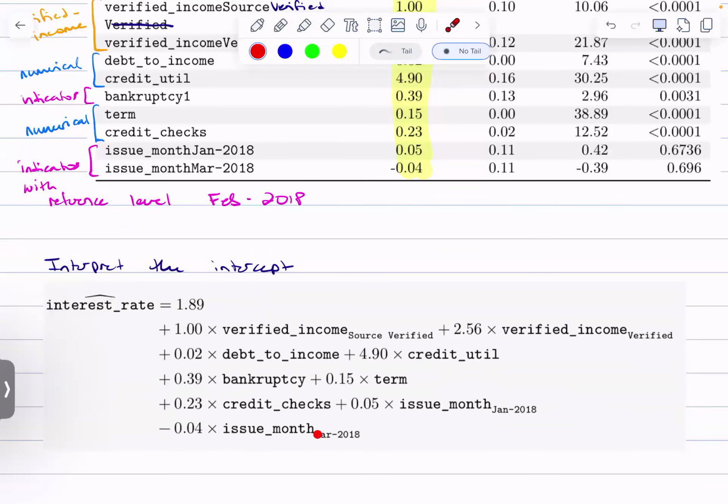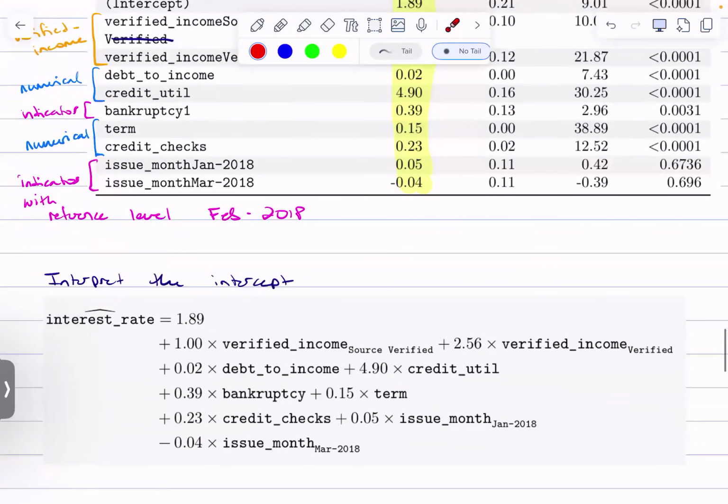They put some of these on the same line. So the bankruptcy and the term, and then the issue month, January, issue month, March. And then the February is in the intercept.